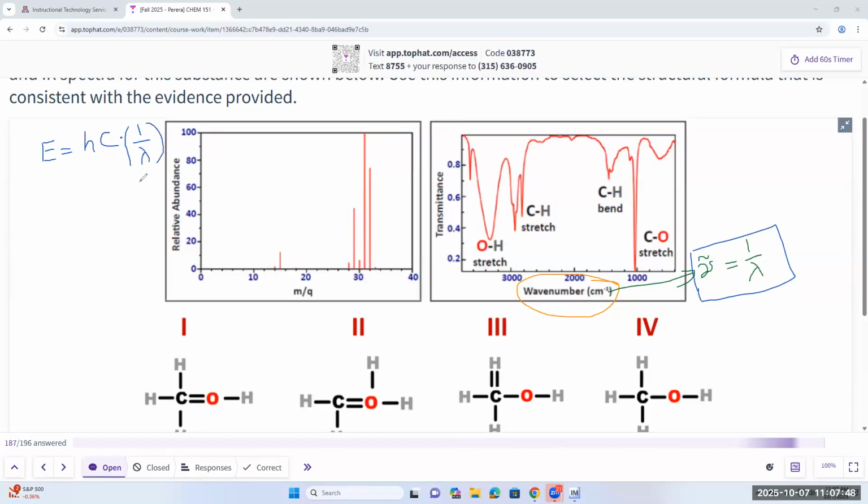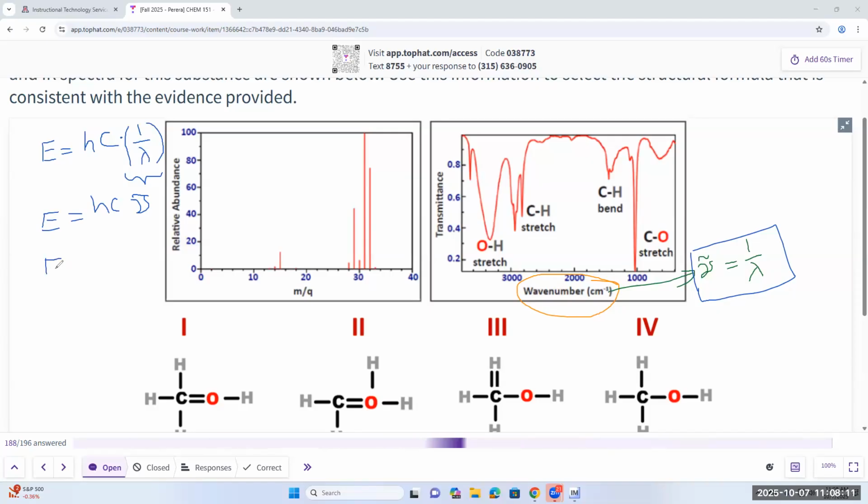Okay. So we know 1 over wavelength is the wave number. Meaning we can rewrite this: energy is equal to hc times the wave number. This equation doesn't matter that much, but the relationship matters.